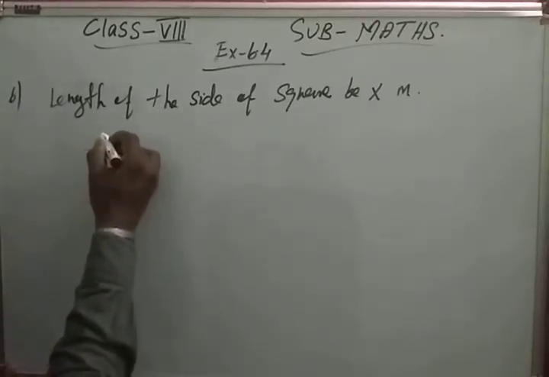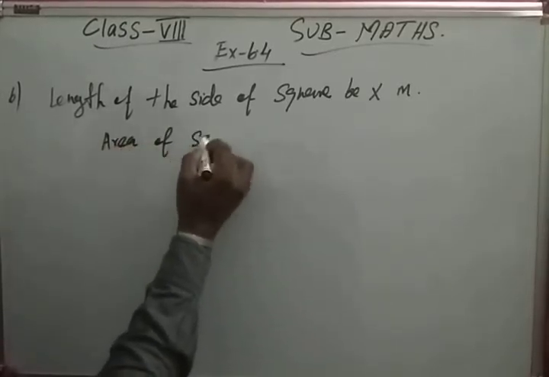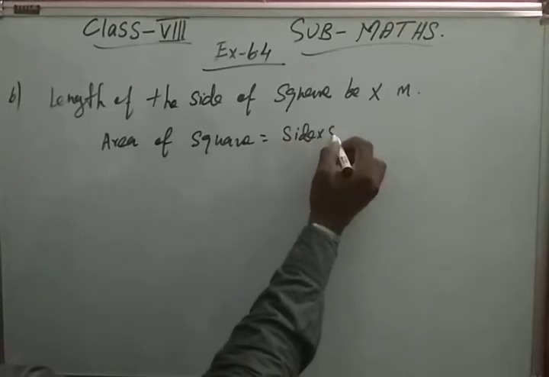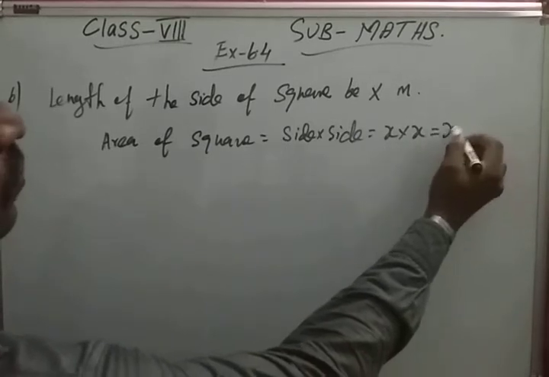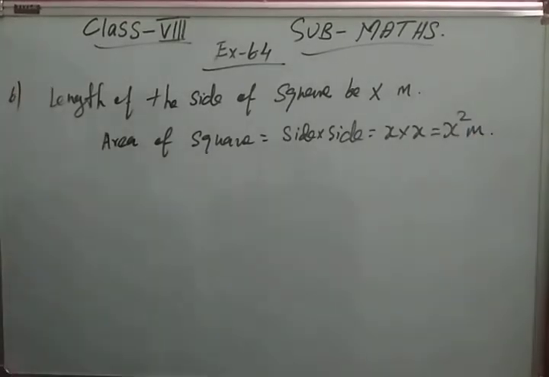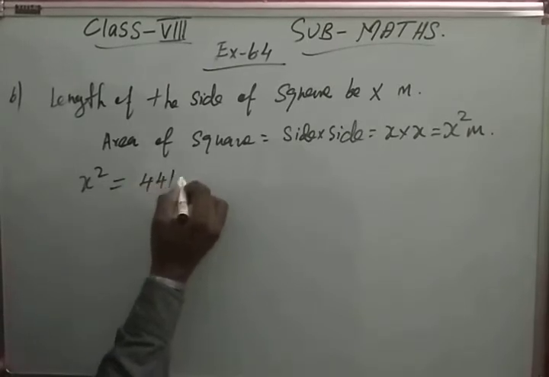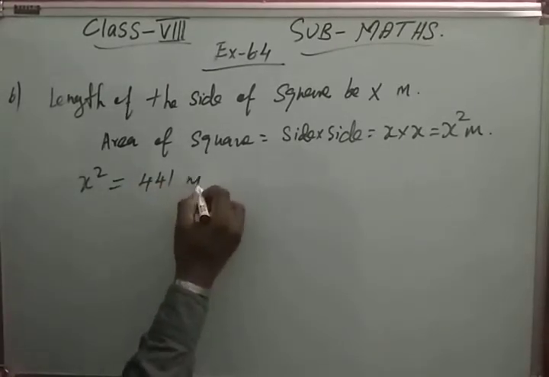So we get x into x, which is x square meter. And here they have given x square is equal to 441 meter square.